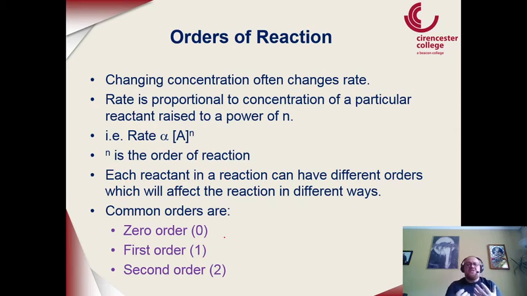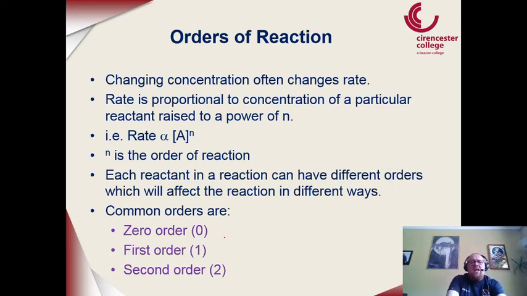And if two of those components take place in the rate determining step, it's going to be second order. So for that reaction to happen, we could take the concentration down really far on something that's zero order, and it's not going to particularly change the rate of reaction.